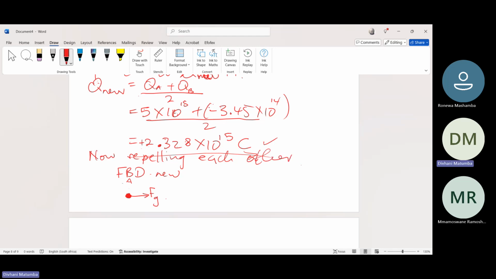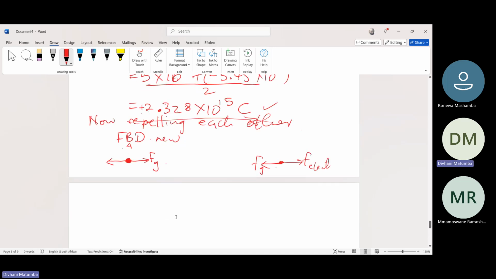In electrostatics, after contact, the two spheres will usually repel each other because they contain the same charge. So repelling means it will go in the opposite direction. It is the same thing with B. Fg and F electric.